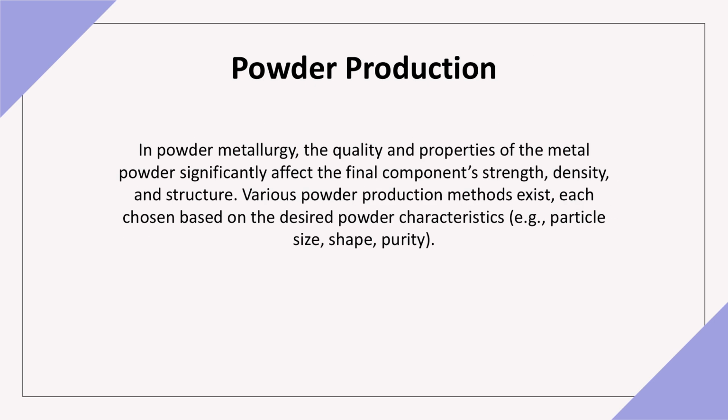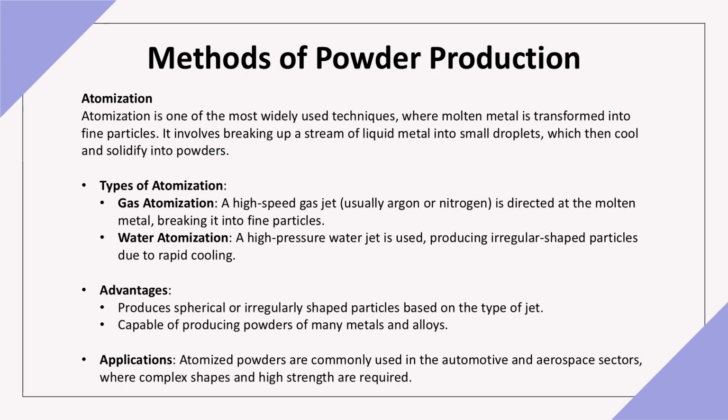In powder metallurgy, powder production is critical as the particle size, shape, and purity directly impact the properties of the final component. Several methods are used to produce powders based on the desired particle characteristics and the specific metals involved, such as atomization, reduction, and electrolysis. Atomization is one of the most widely used powder production methods.